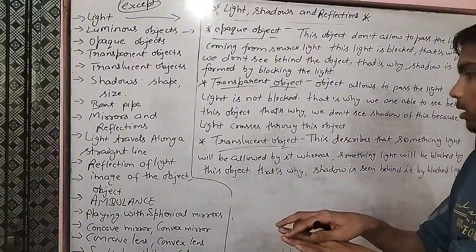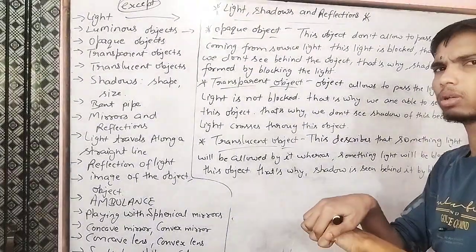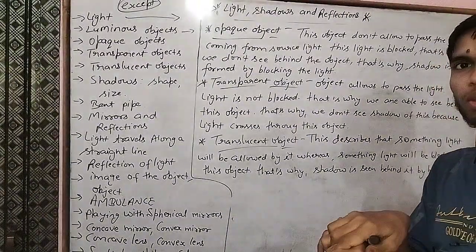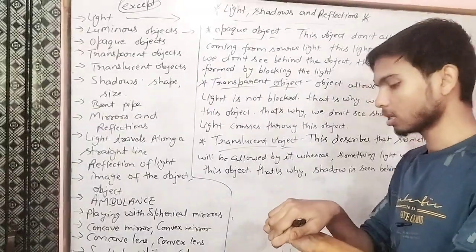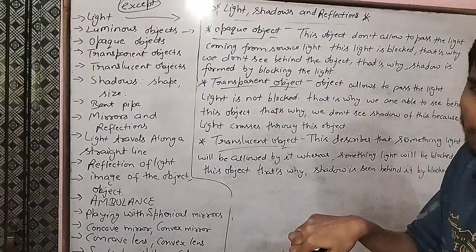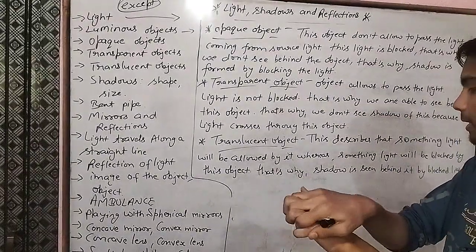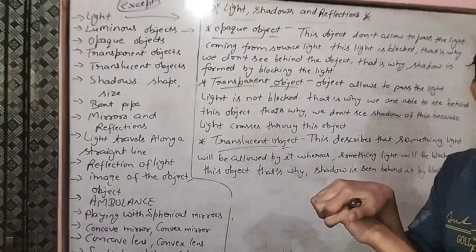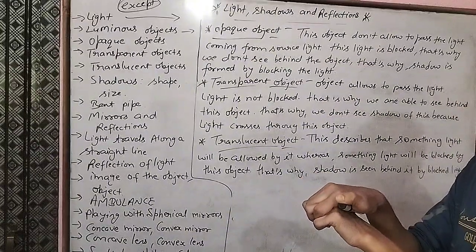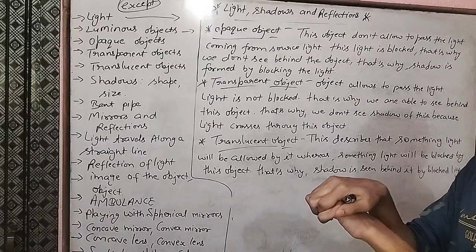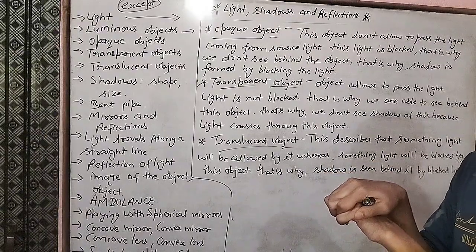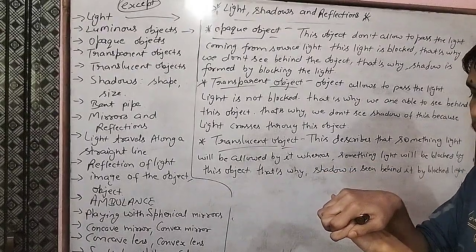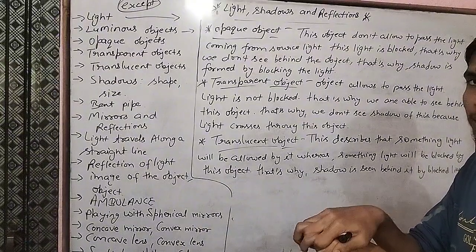Clear? In our childhood, we used to play with our friends by making shapes with our hand, and we see the shadow behind it. Light is falling on the surface of this hand, and the light is being blocked.